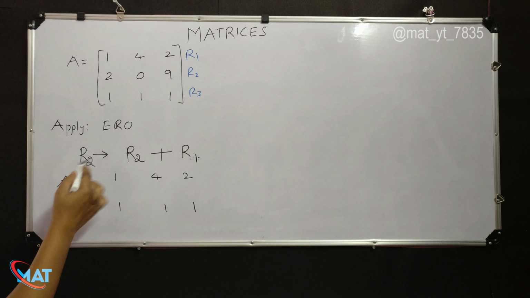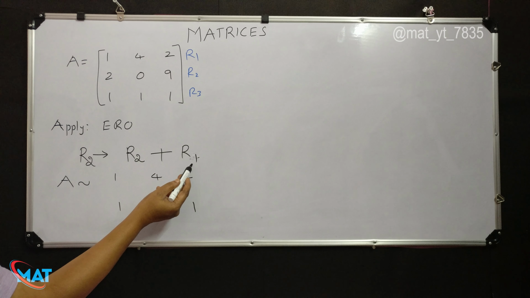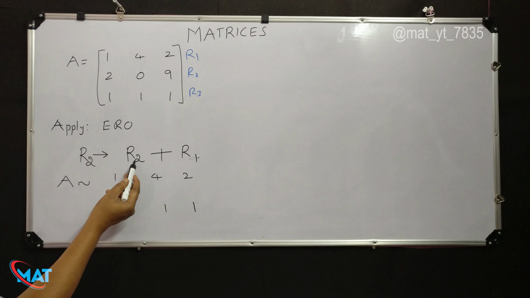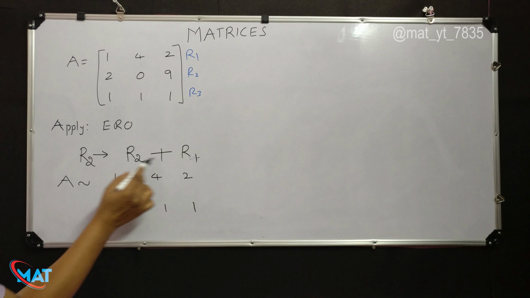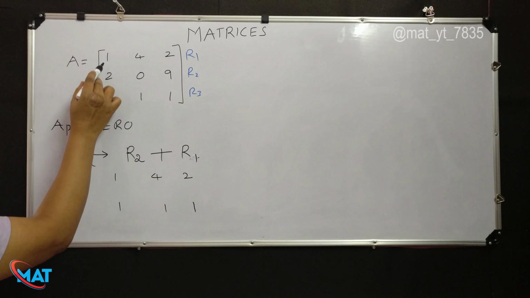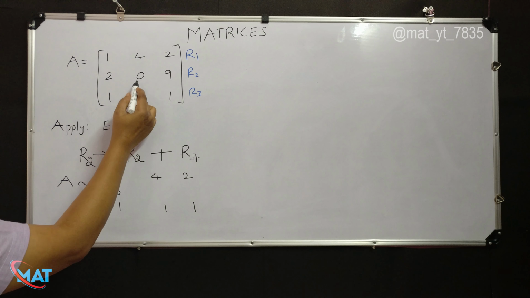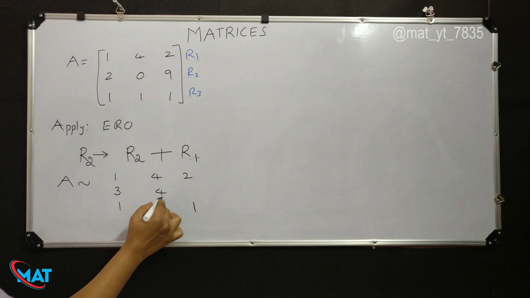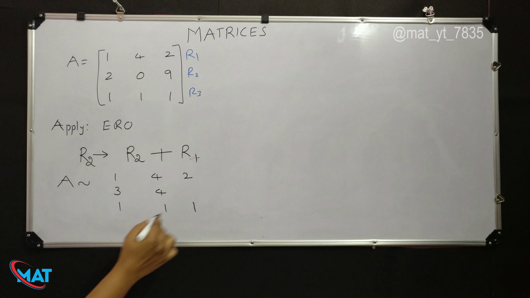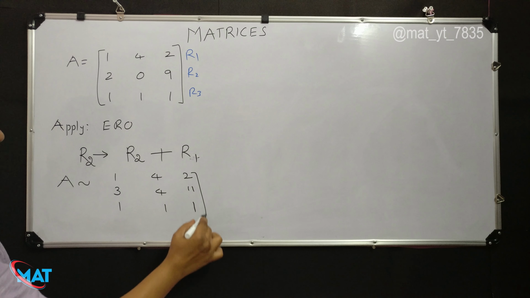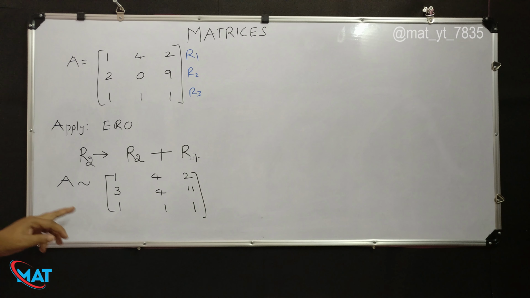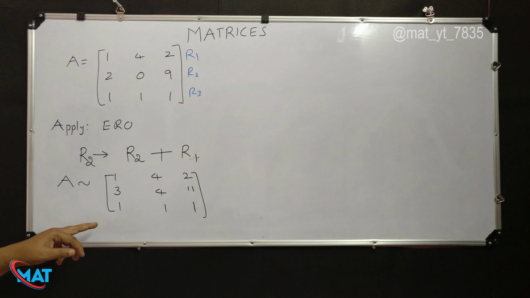R2 changes by adding row 1 elements and row 2 elements. So row 2 plus row 1: 2 plus 1 is 3, 0 plus 4 is 4, 9 plus 2 is 11. So this is the new matrix that is obtained.